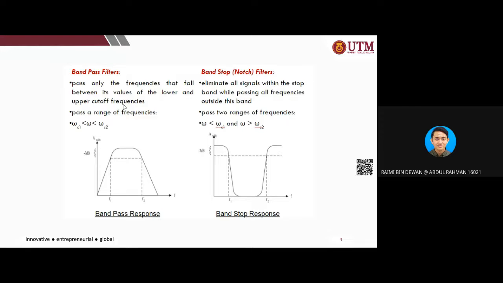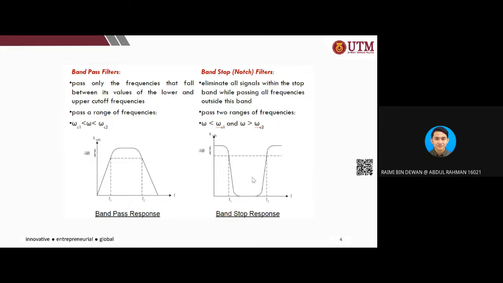Same goes for the band pass filter. We can assume it as a combination of either low pass or high pass. For this one, it looks like a combination of high pass filter and low pass filter. The cutoff frequencies here are F1 and F2, but the same, it is a reduction of 1 over square root of 2, where you map your cutoff frequency.